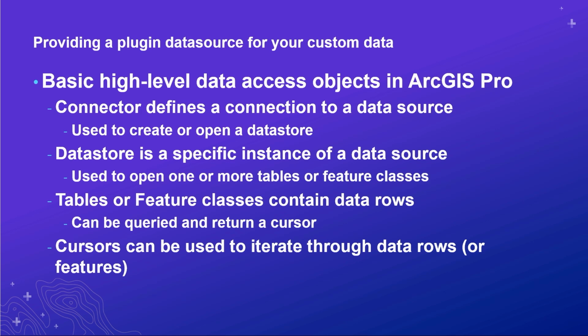And then tables or feature classes contain data rows, and data rows can be queried or return a cursor. So cursors can be used to iterate through all the data rows. So that is the hierarchy on a kind of a 10,000-foot level that we use within ArcGIS Pro.